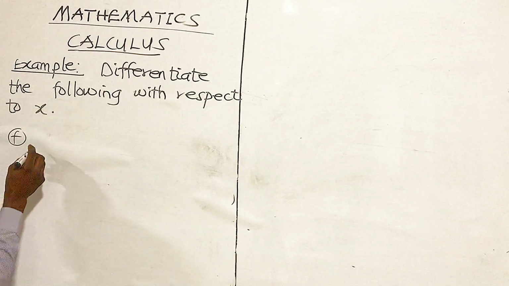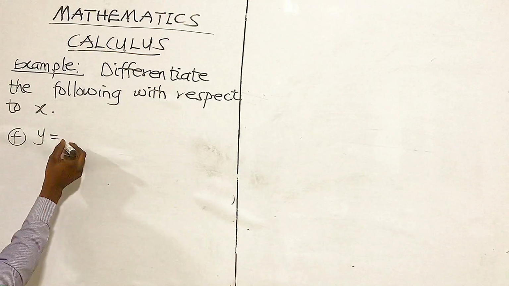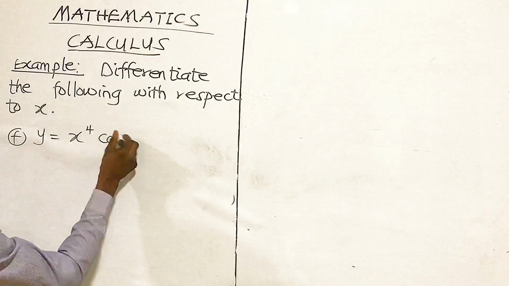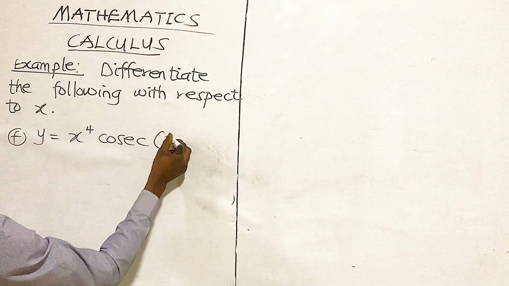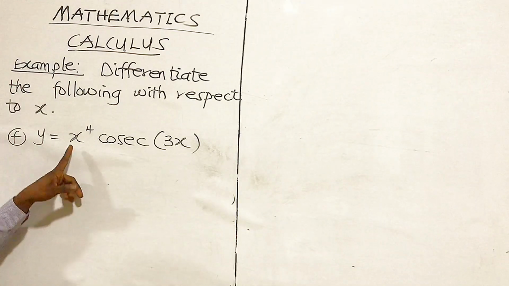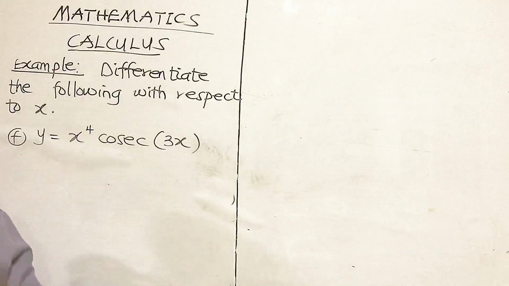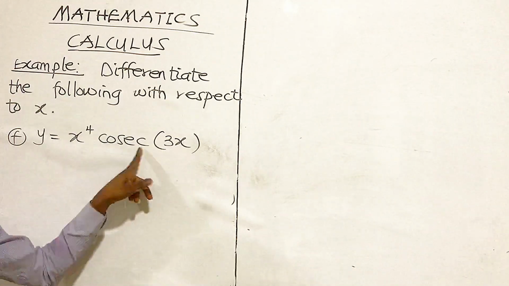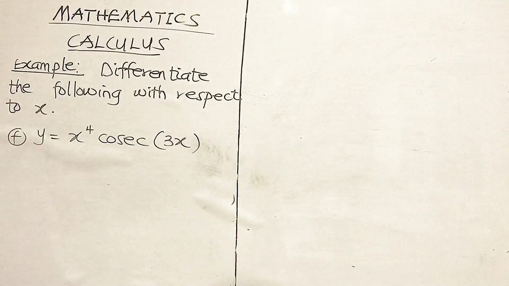F. We have y equal to x power 4 cosec of 3x. So you are supposed to differentiate this. Over here, x power 4 is multiplying cosec 3x, and because two functions are multiplying, we are supposed to use the product rule.